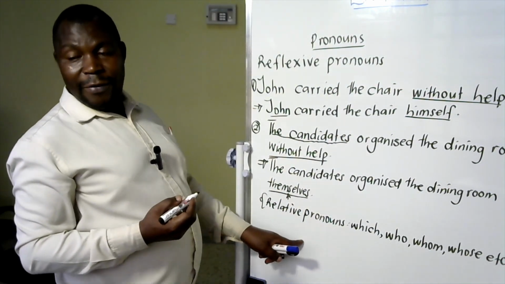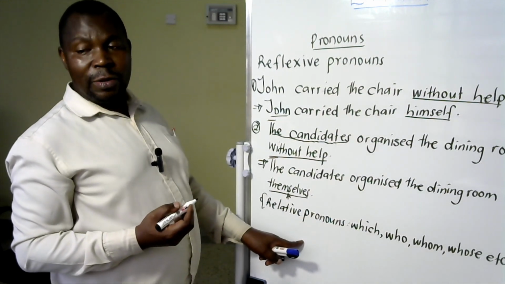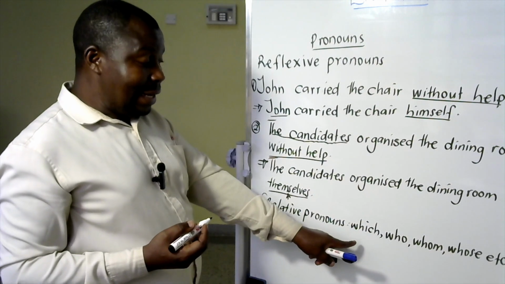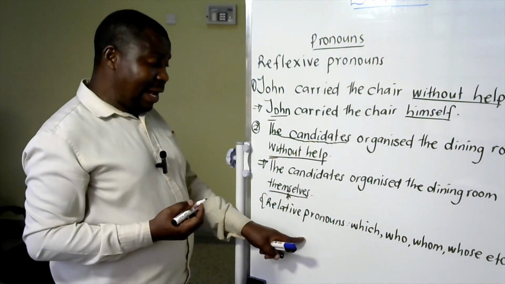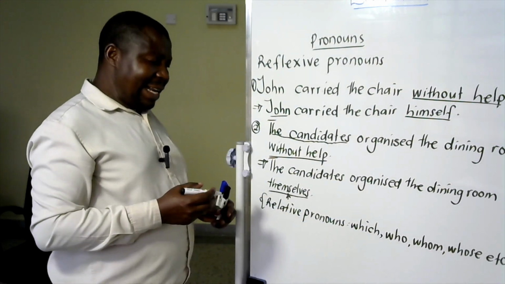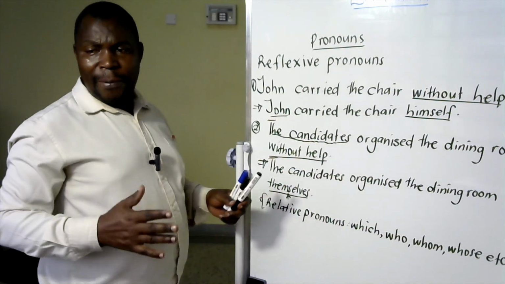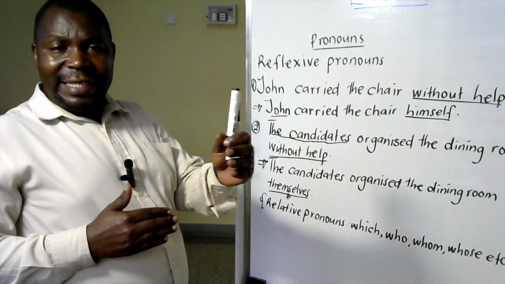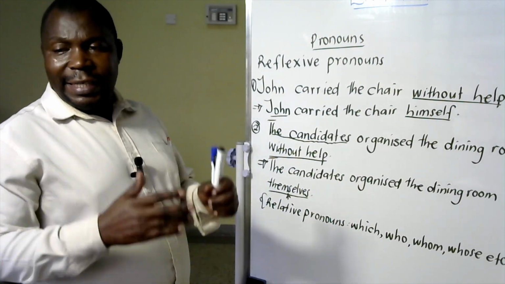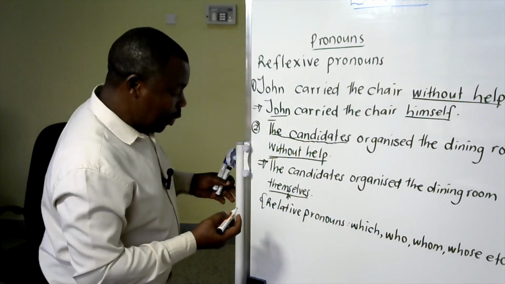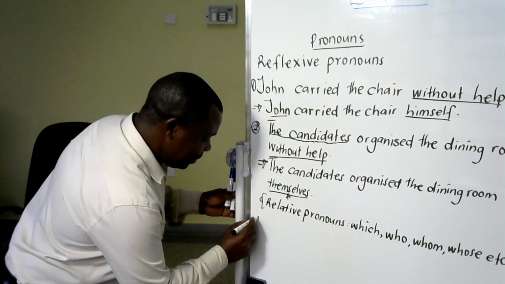Because I've seen it very much, many candidates lose marks because of these relative pronouns. How do they lose marks? These candidates don't know where we fix these relative pronouns. Remember, pronouns substitute one another.